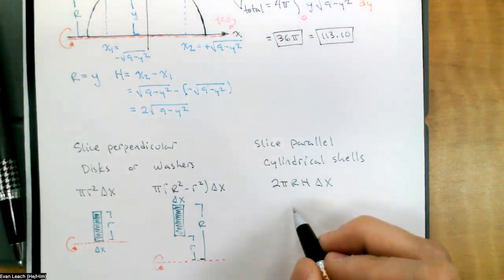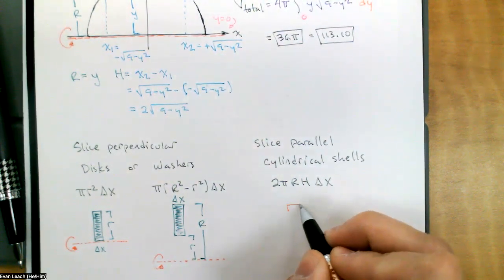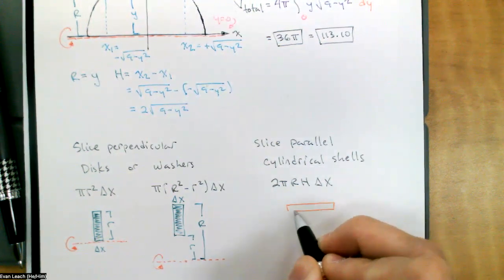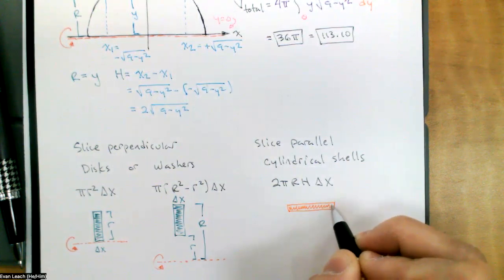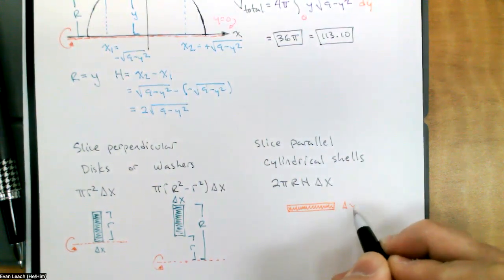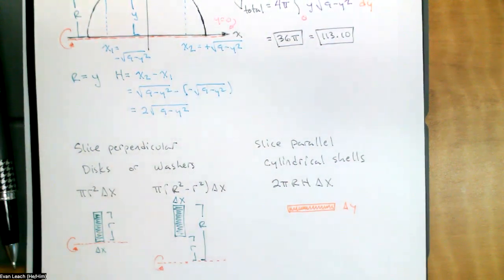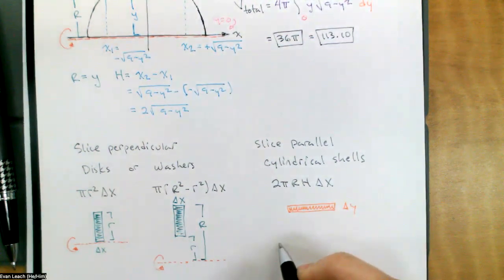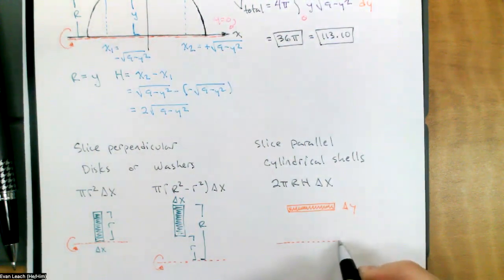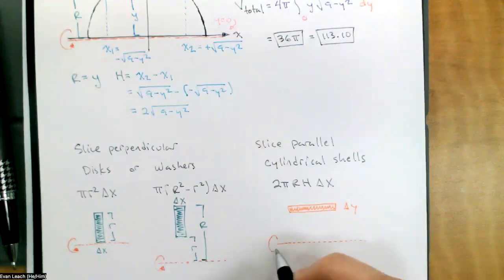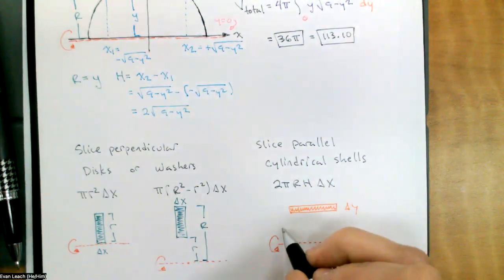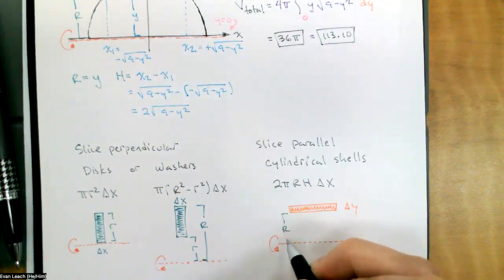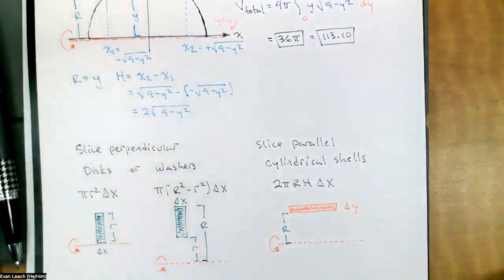We get cylindrical shells if we slice parallel to the axis of rotation. The radius is always measured from the axis of rotation to the slice.